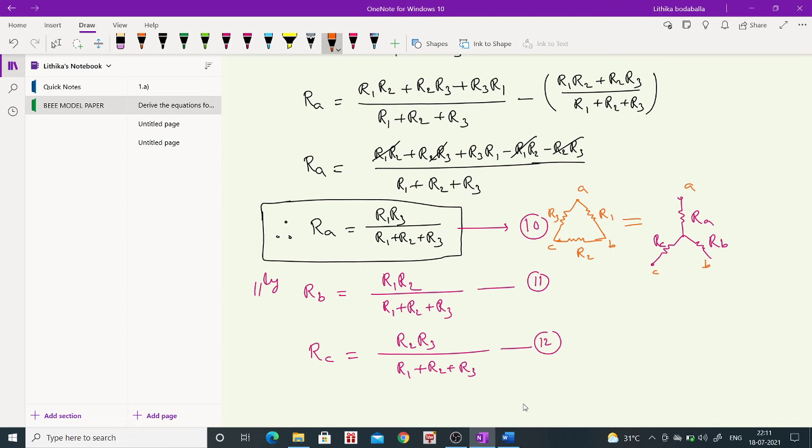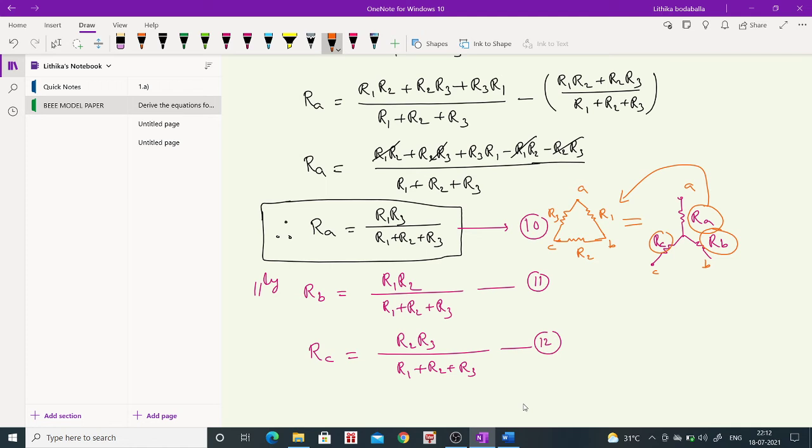I want to convert those resistors into a star connection. Then what is the equivalent resistance? RA must be in terms of R1, R2 and R3. That's why you got RA as R1 R3 by R1 plus R2 plus R3. Similarly, RB you got R1 R2 by R1 plus R2 plus R3, and RC you got R2 R3 by R1 plus R2 plus R3.